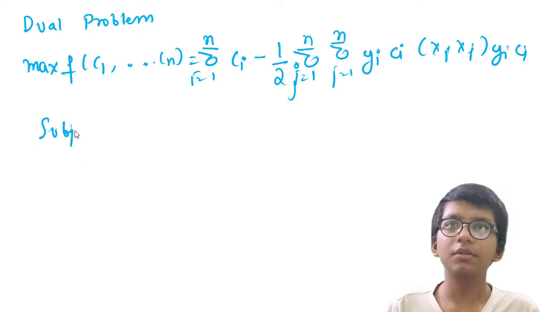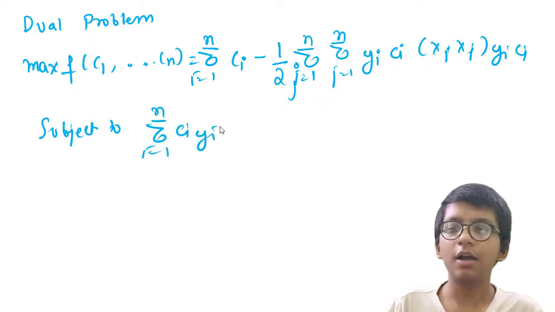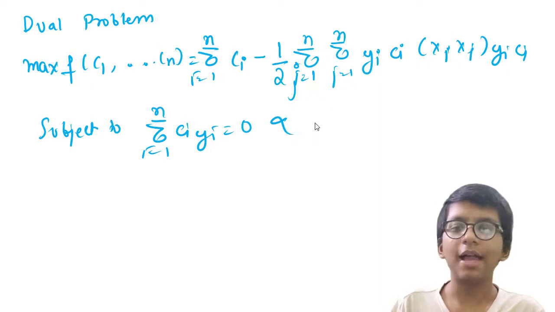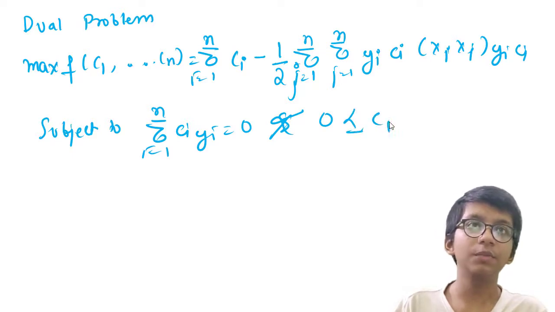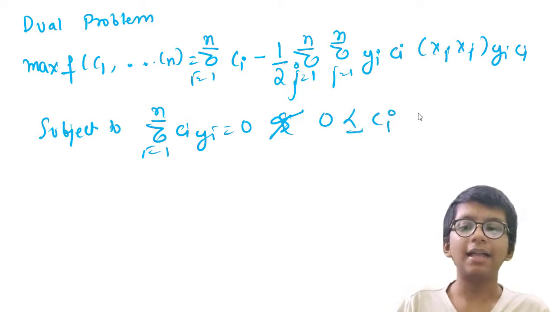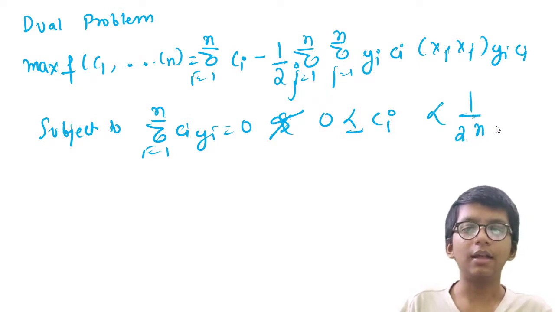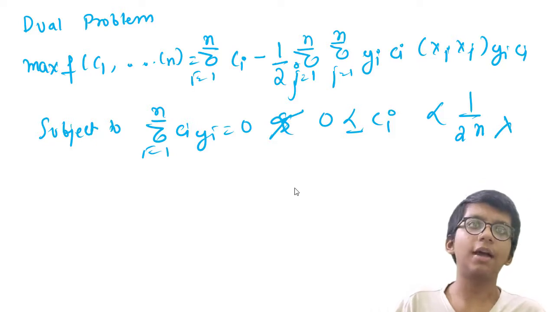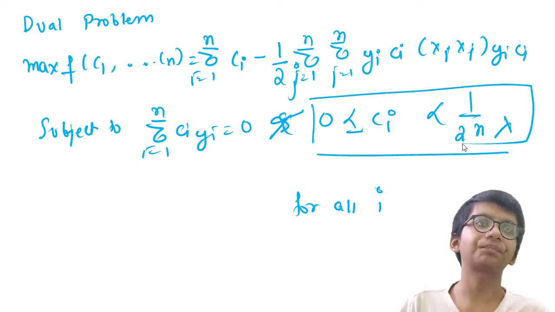Subject to the sum from i equals 1 all the way down to m of Ci yi equals 0, and Ci should be between 0 and 1 over 2n lambda, for all i. So this Ci should satisfy this condition.